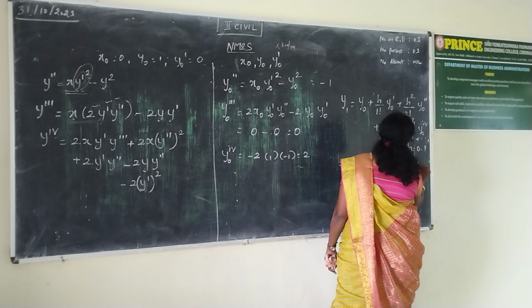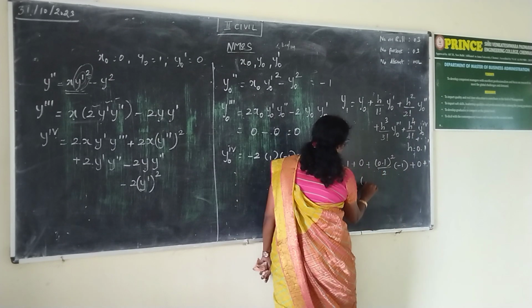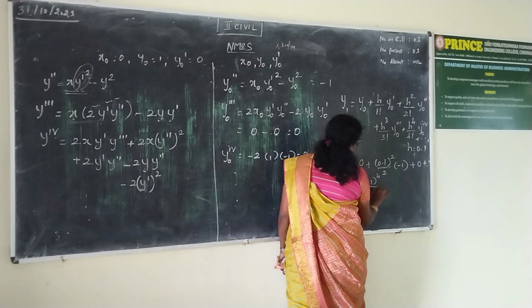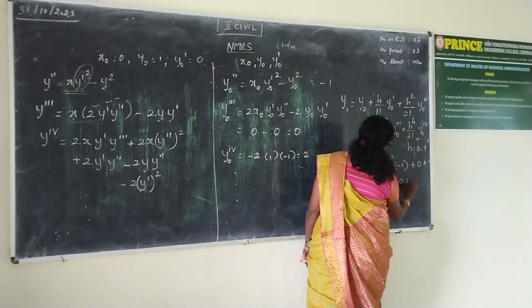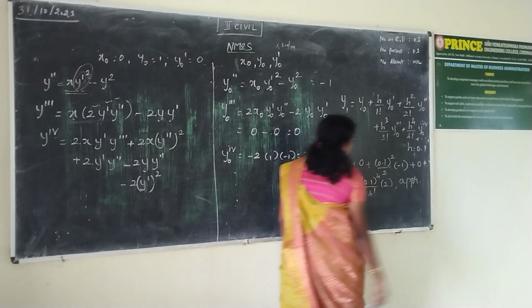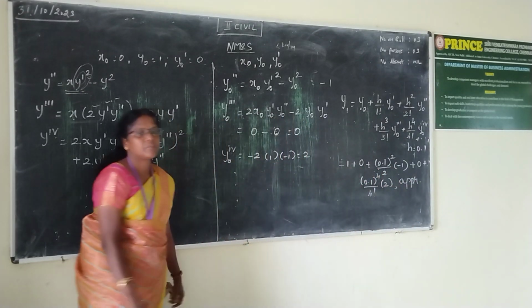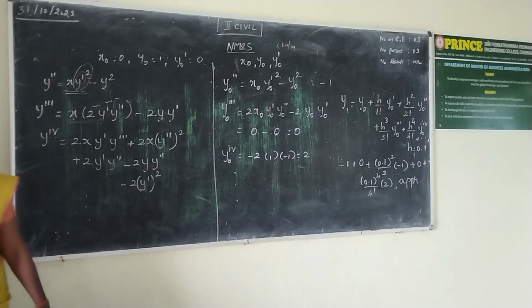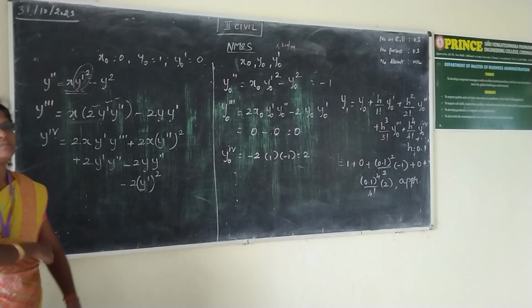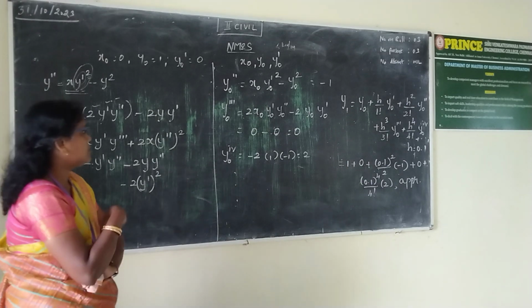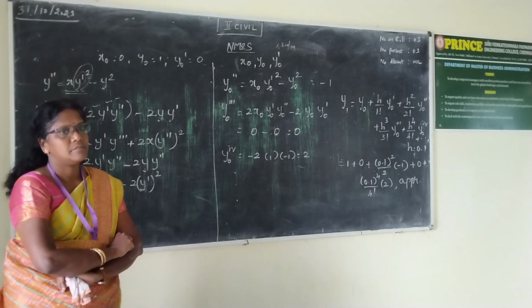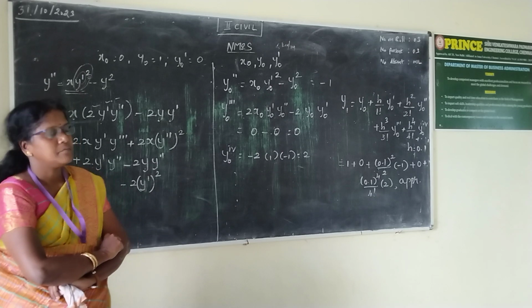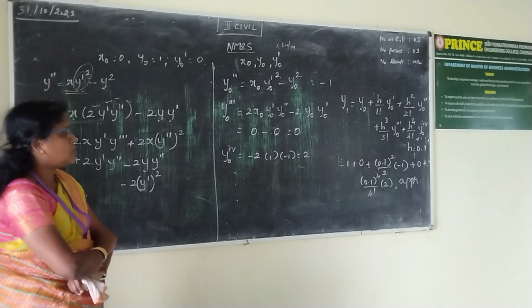Third derivative is 0 plus 0.1 the whole power 4 by 4 factorial into y naught 4 value is 2. Find what is y1.